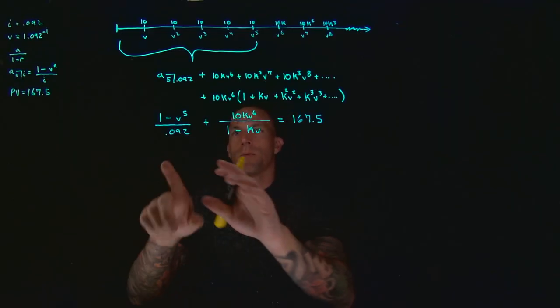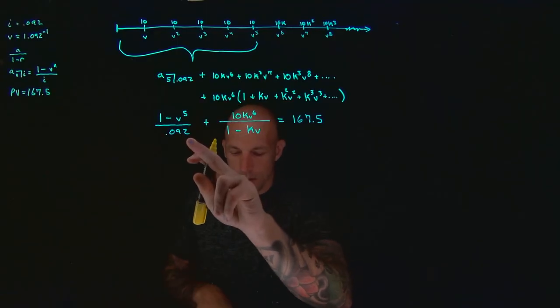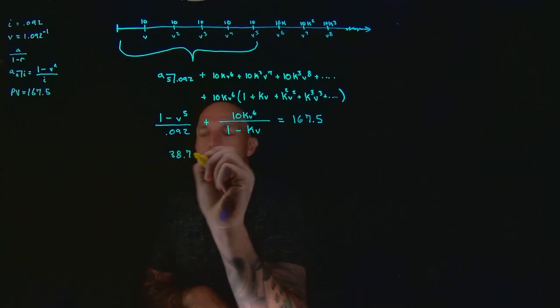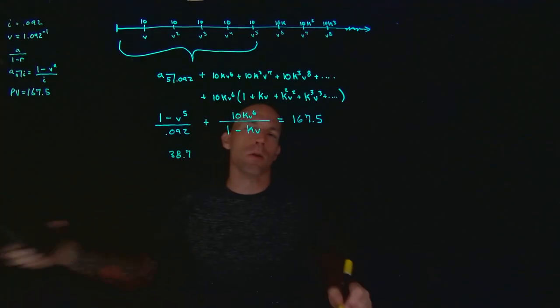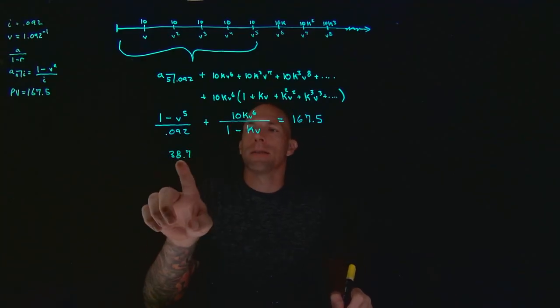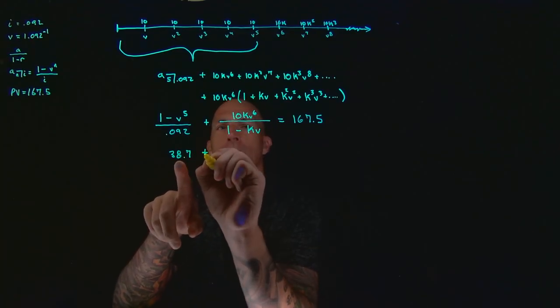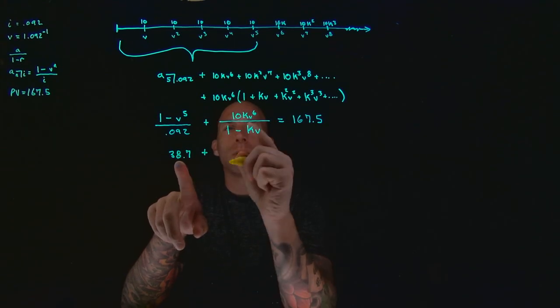So first things first, this right here is going to resolve to a singular constant of about 38.7. I'm just using my TI calculator here. You can, of course, use the financial calculator as well. But either way, this is the value you should get. And then this one is going to take a bit more work because we have that k in there.